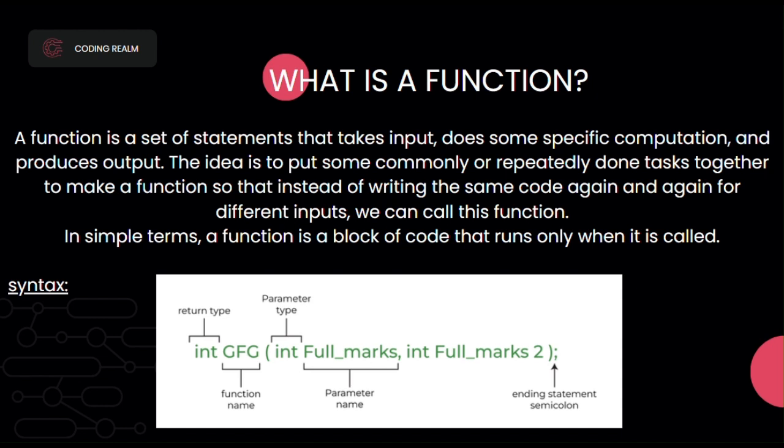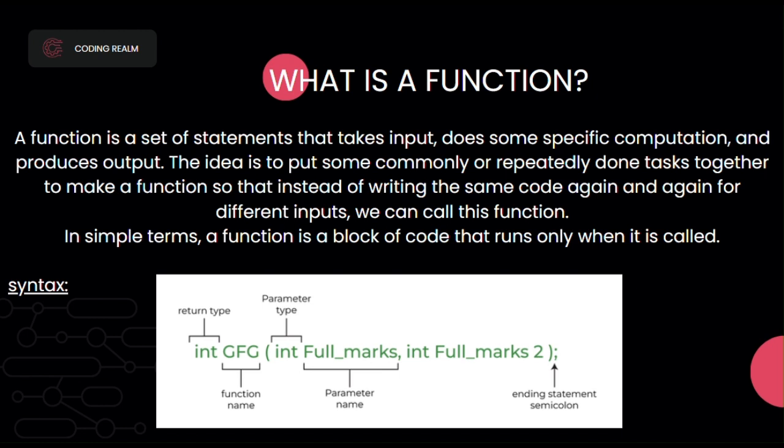Look at the syntax. This is how a function looks in C++. The function contains the return type, for example integer, float, character, double, etc. Then the function name, here the function name is gfg, and we have the parameter type.